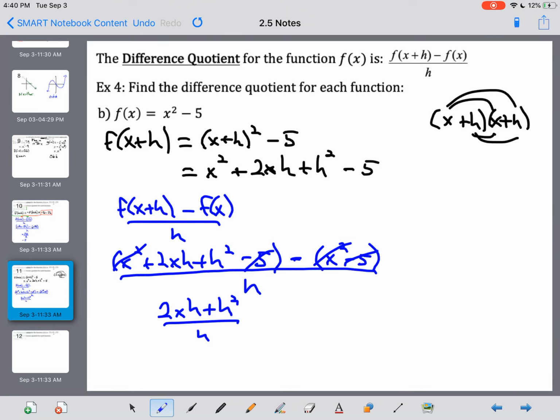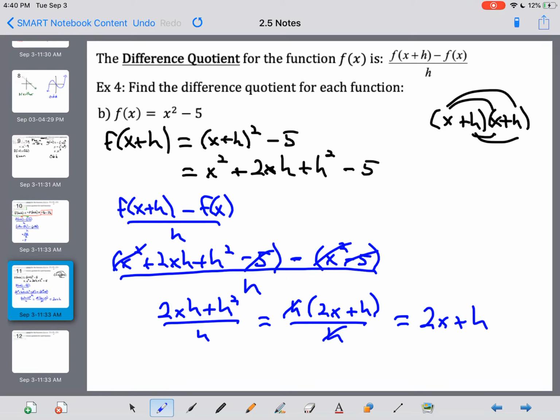Now, if we look in the numerator, I can factor an h out of the numerator, and I would be left with 2x plus h, right? And that's still all over h. Now, I can cancel out these h's because they're being multiplied. And all I'm left with then is 2x plus h.